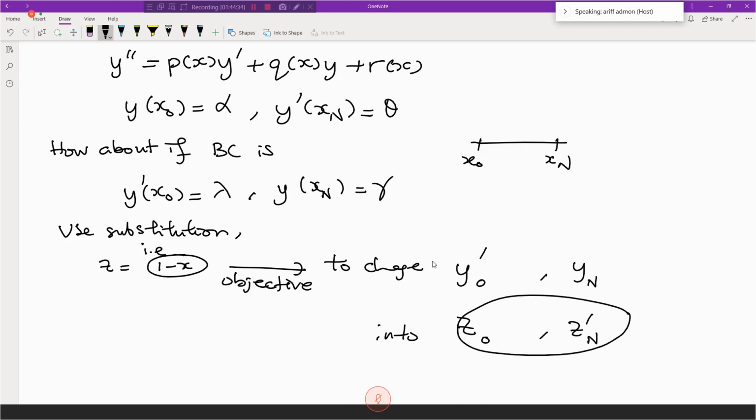This is actually similar, just that we are using z now because we use substitution z.